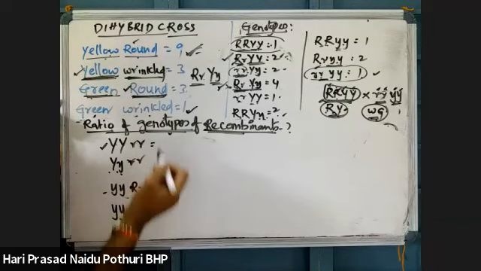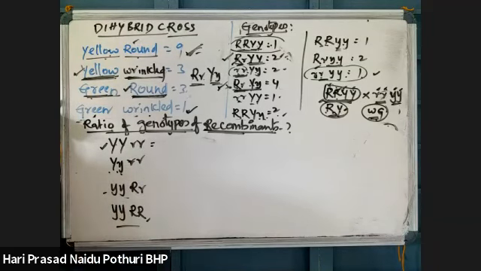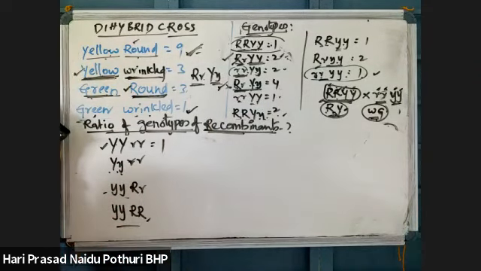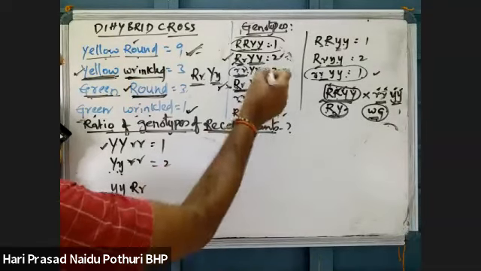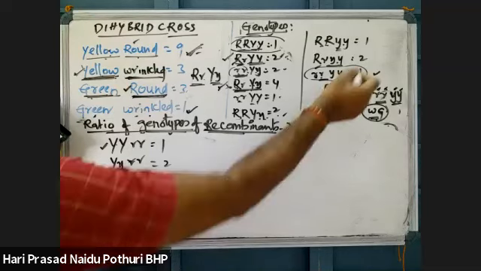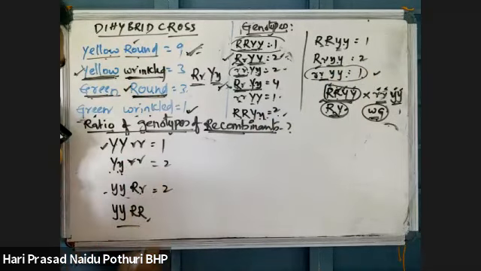Now this ratio. Capital Y, small r, 1. Capital Y, small y, small r, 2. Small y, capital R, 2.